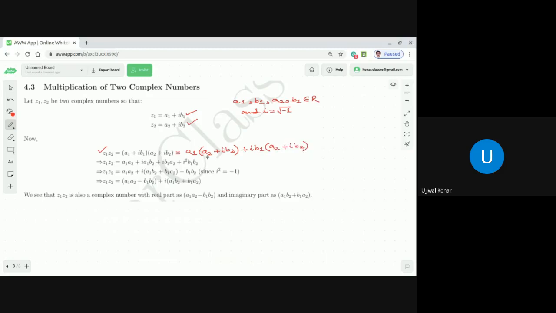Now, dear students, you multiply A1 A2, then i into A1 into B2, plus i into B1 into A2, plus i into i, that is i square, B1 into B2. That's the next step we get.